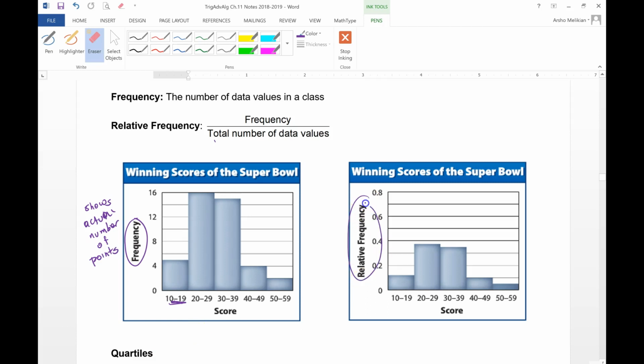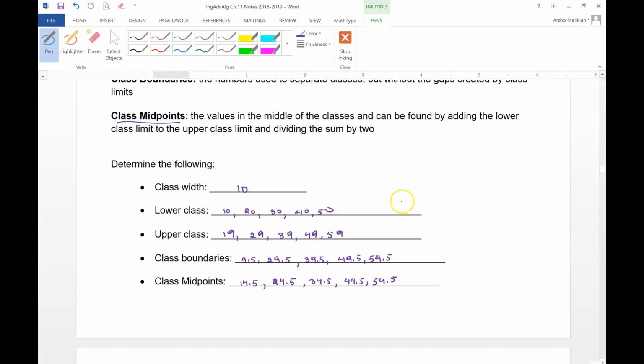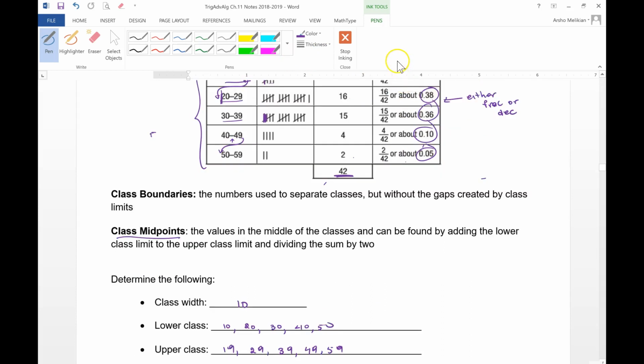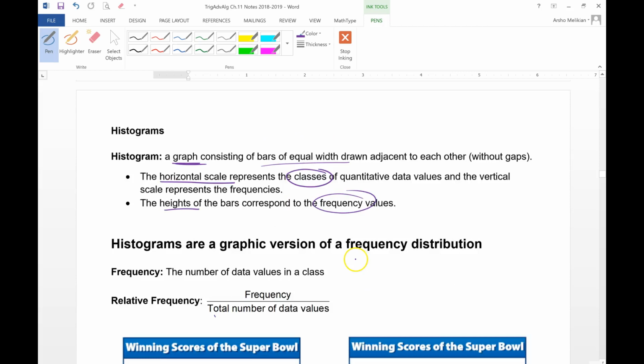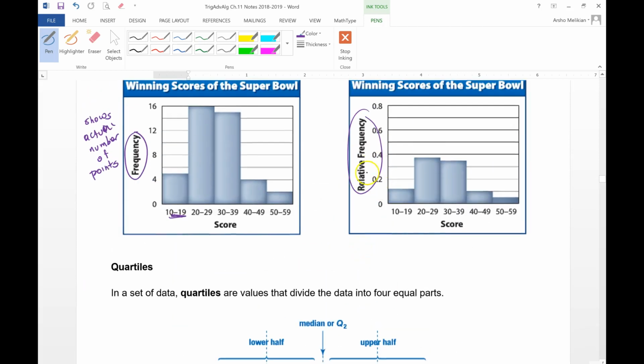This is the relative frequency, and we've basically graphed these values. What the relative frequency graph shows is how the quantity compares from one class to another.